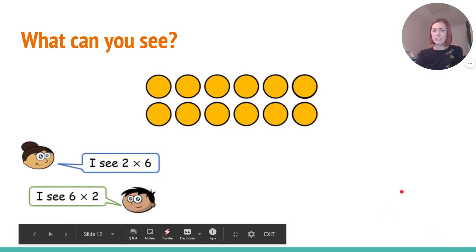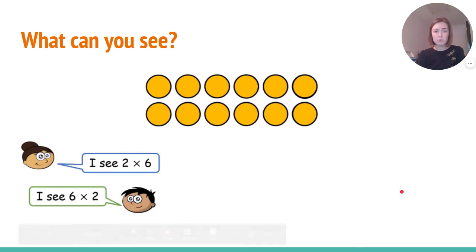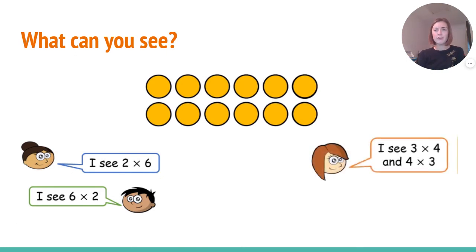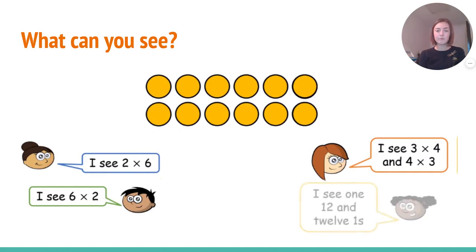Well, this child says, but I can see 6 groups of 2. This child thinks they can see 3 lots of 4, and swapping it the other way around, 4 lots of 3. And this child says, well, I can see 1 lot of 12 and 12 lots of 1.